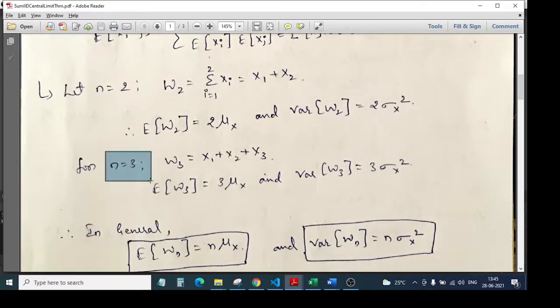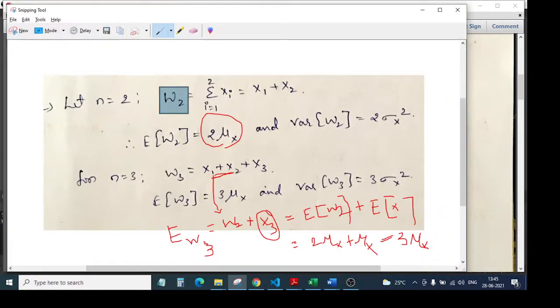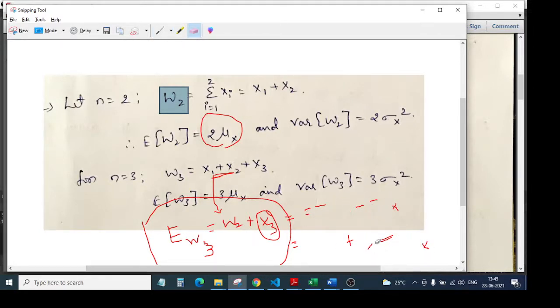Now this goes on until your n reaches i. In that case, what is happening here, friends? Please observe very carefully. If you can see here, this is E of W3, right? Similarly, if I want to write E of W4, what would it be?